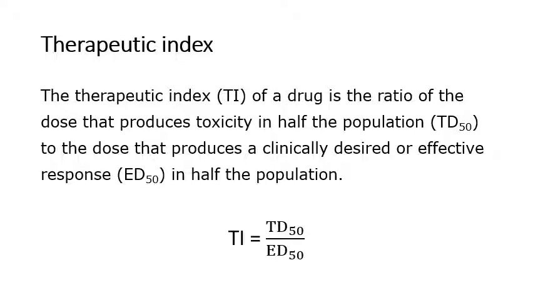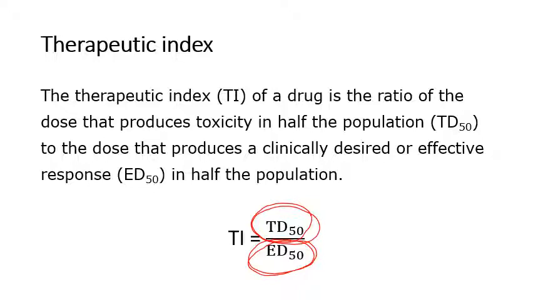So the therapeutic index is calculated by dividing the toxic dose in 50% of the population over the effective dose in 50% of the population.